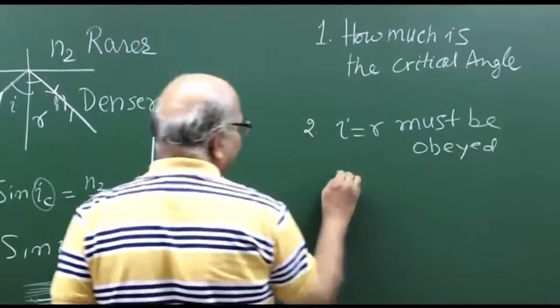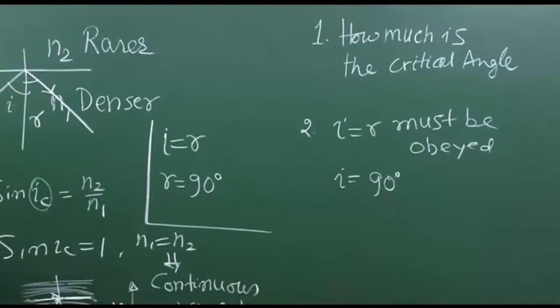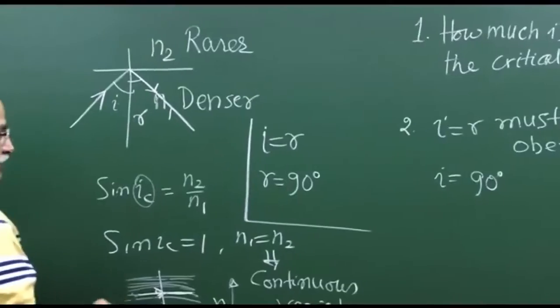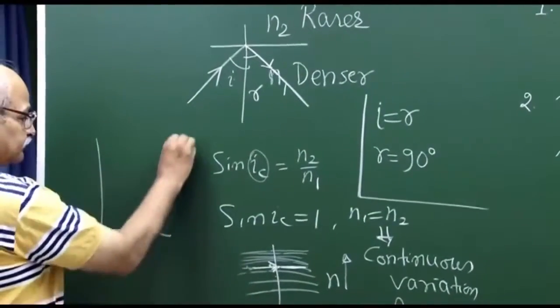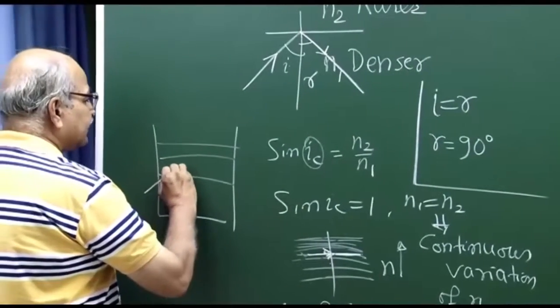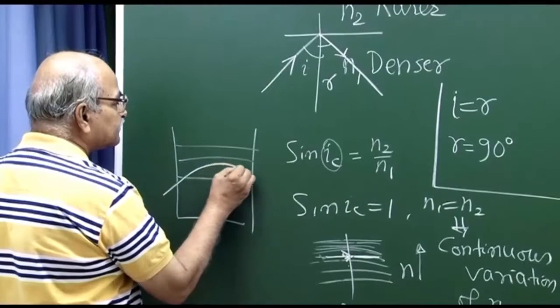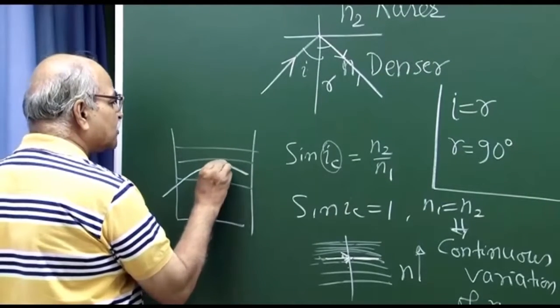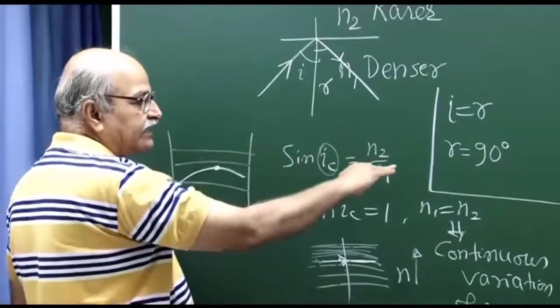And if this is obeyed and I is equal to 90 degrees, I am talking of the portion where this light has become horizontal in our bottle. In our bottle we sent a light like this, and then it became horizontal, and then it turned. So I am talking of this topmost point where the angle of incidence is 90 degrees.